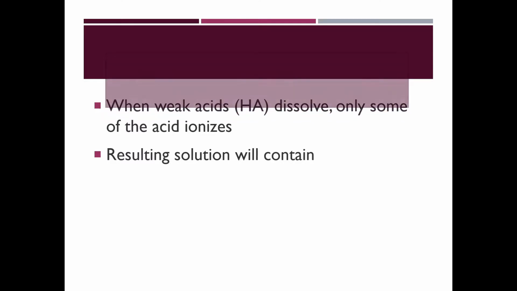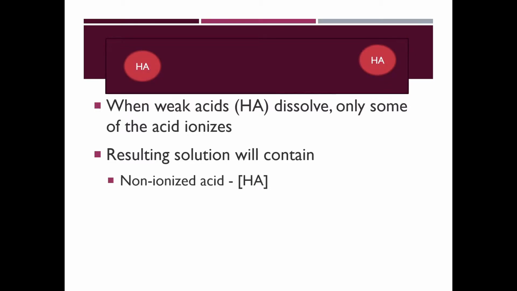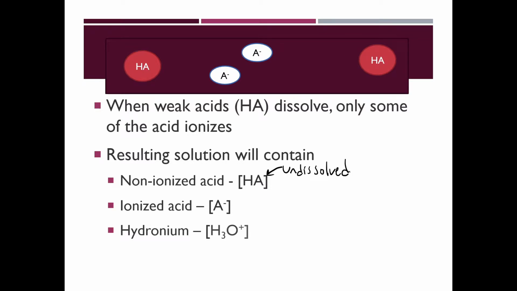So I have a picture here of what will result when the solution dissolves. When you dissolve a weak acid into a solution, you will contain some of the non-ionized acid, so it's the undissolved acid. So this one here is undissolved acid. It will contain some of the dissolved acid, which by extension is the conjugate base.